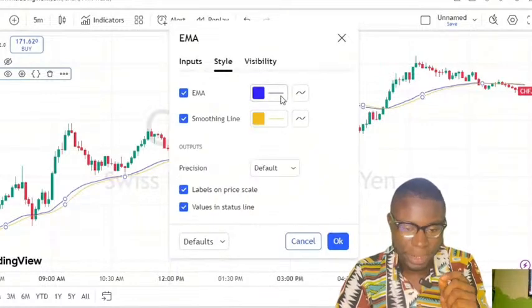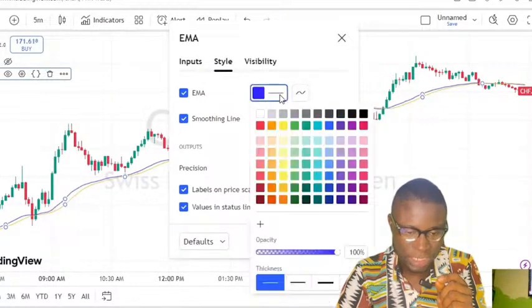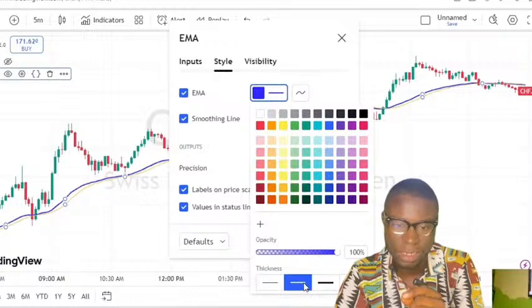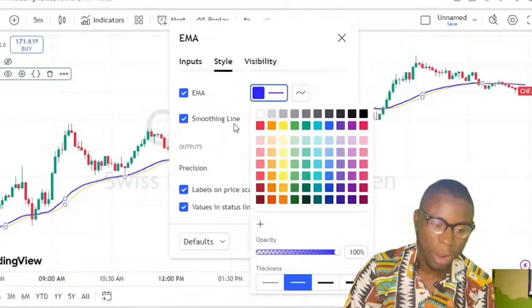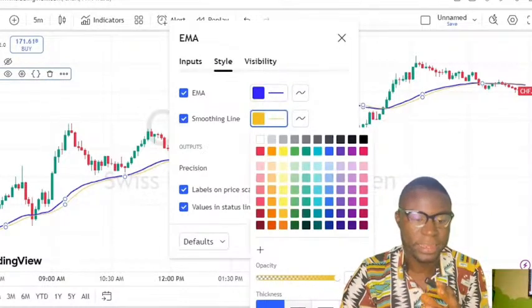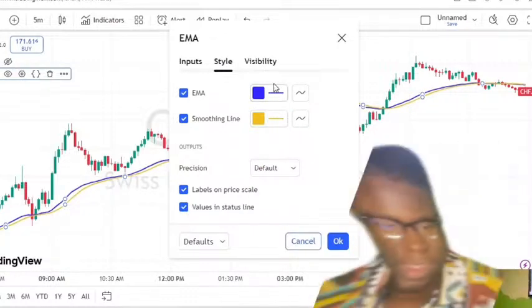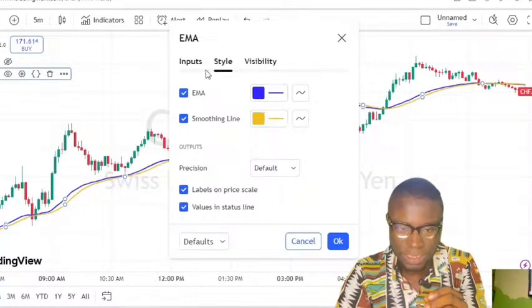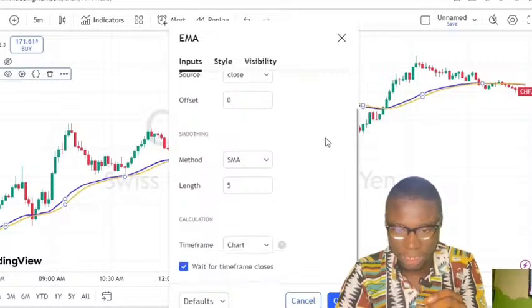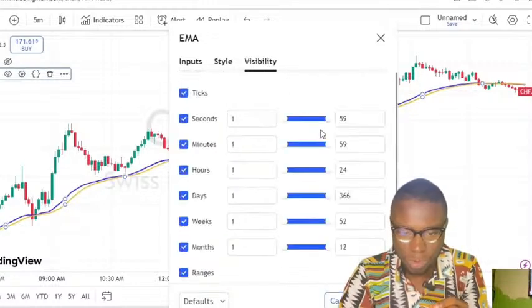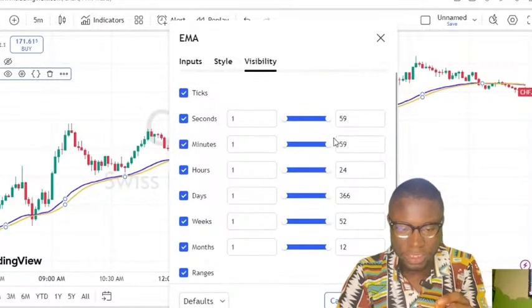Come back here. We want to make the line bigger. Then we want to also make this one bigger. This is the color the way it is. Leave the other settings the way they are, and don't change anything on the visibility.